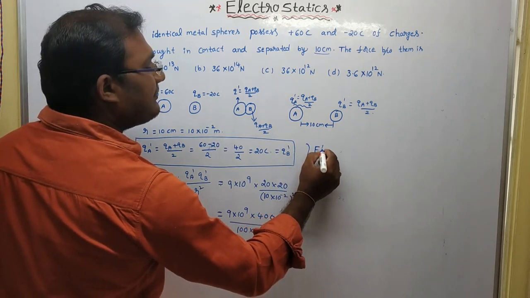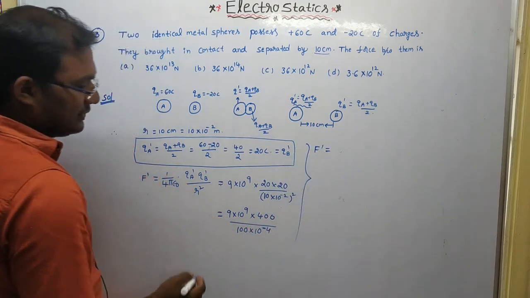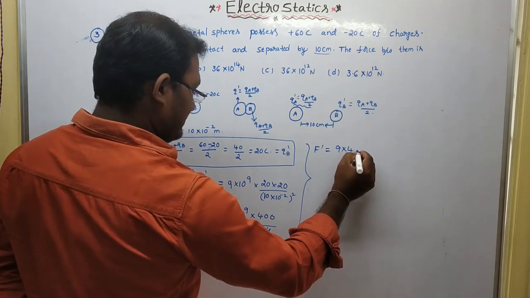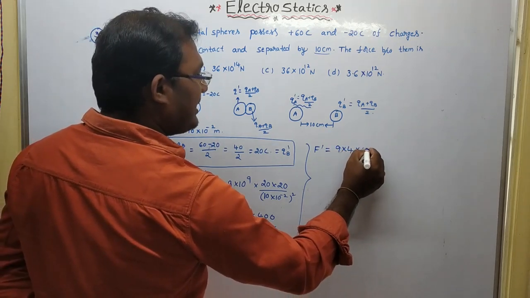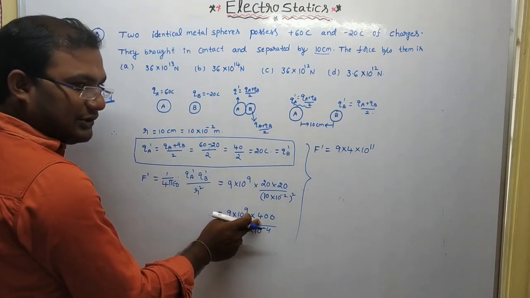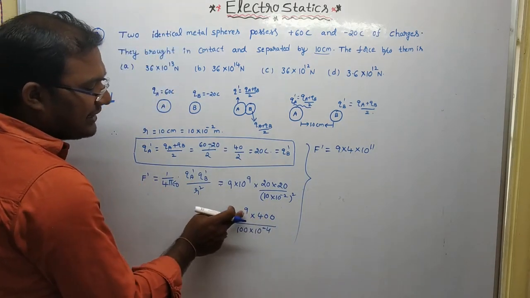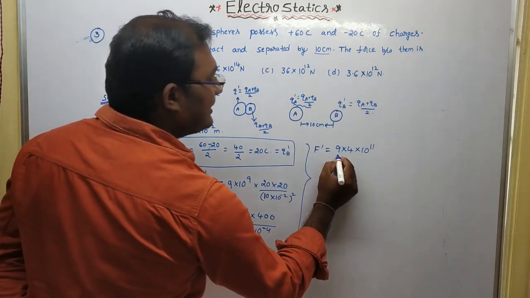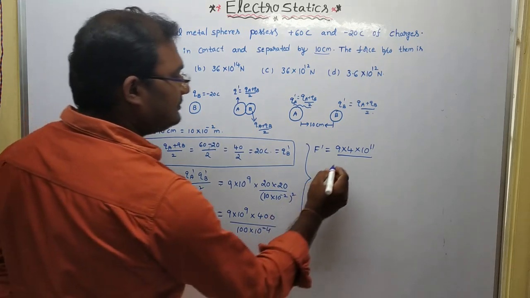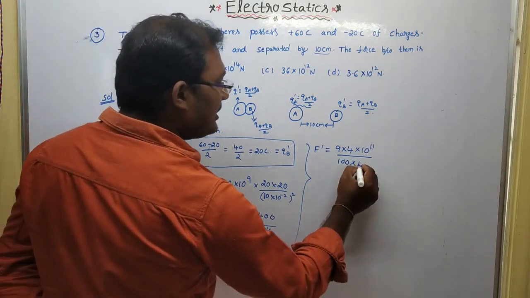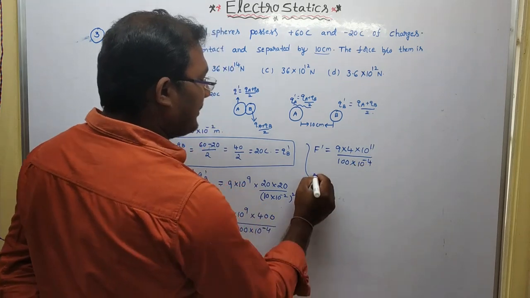Therefore, F dash equals 9 into 4 into 10 power 11. That means 400 can be written as 4 into 10 square. 10 square into 9 into 10 power 9 equals 10 power 11, divided by 100 into 10 power minus 4.